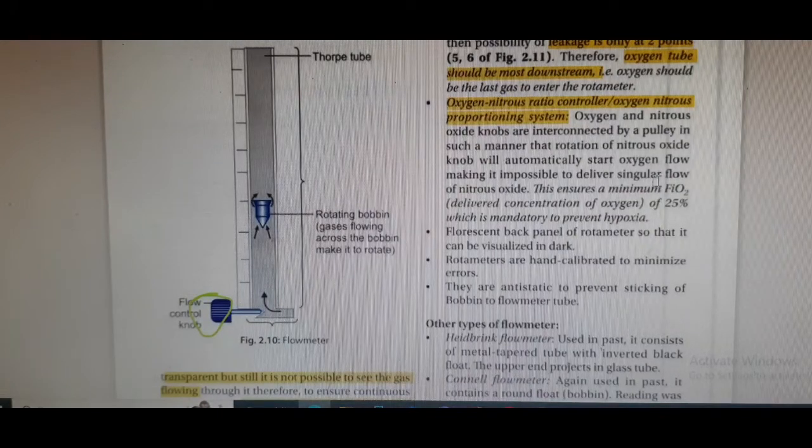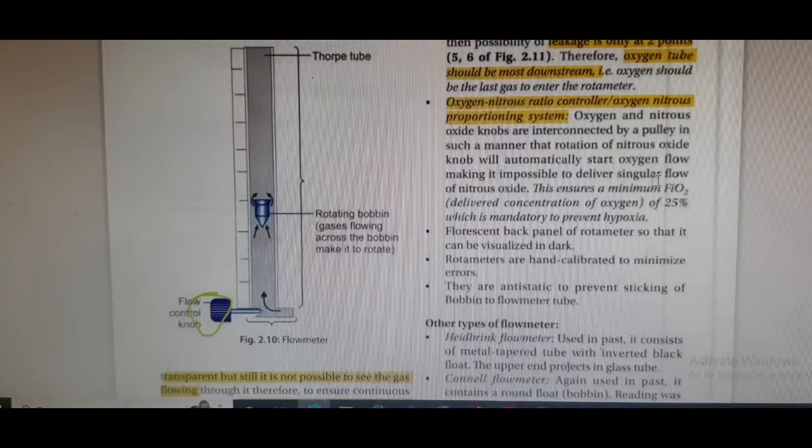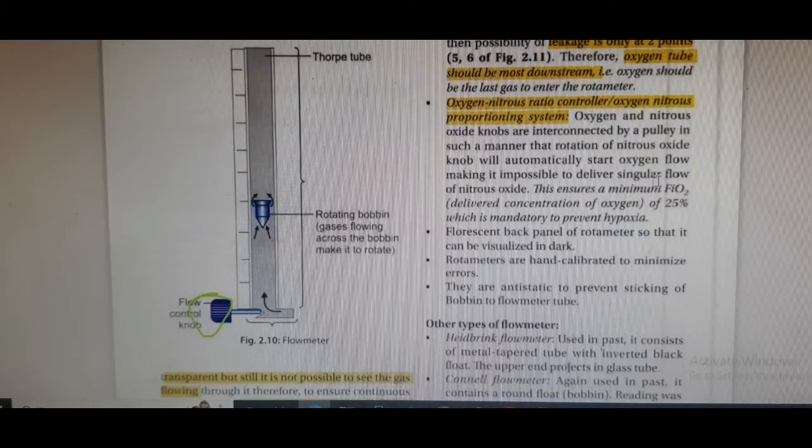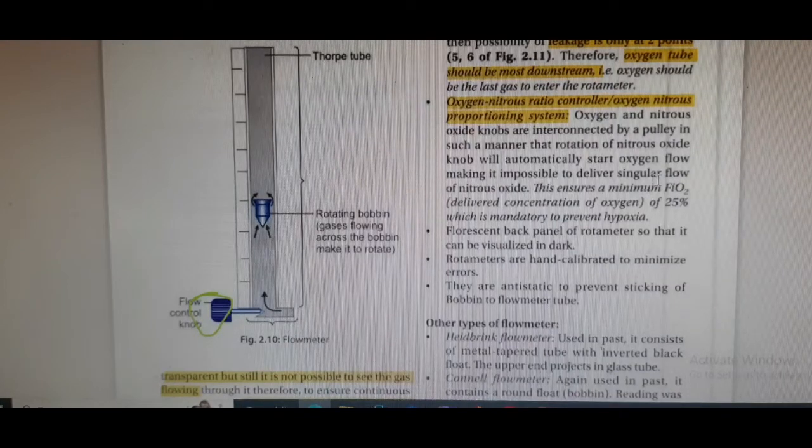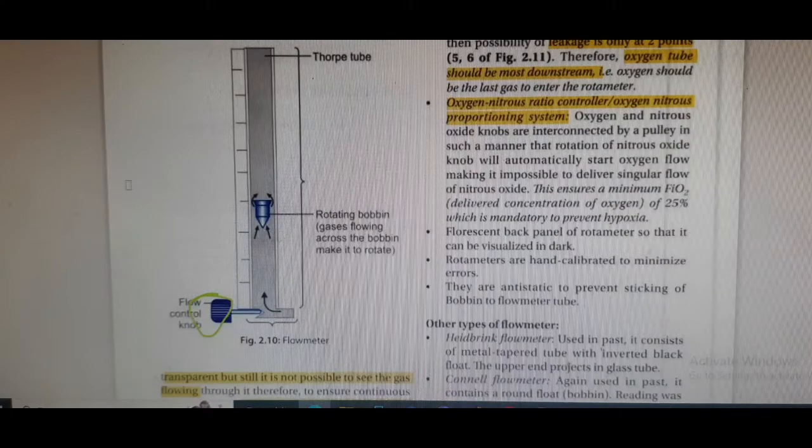That is how the safety feature is adapted. Whenever there is a rotation or an increase of nitrous oxide, the oxygen knob also shows automatic movement of oxygen flow. So that is the oxygen nitrous oxide ratio controller.